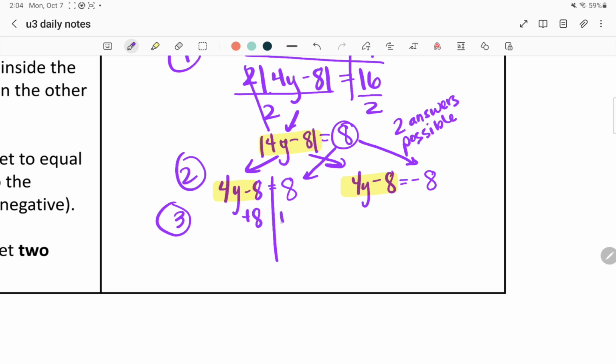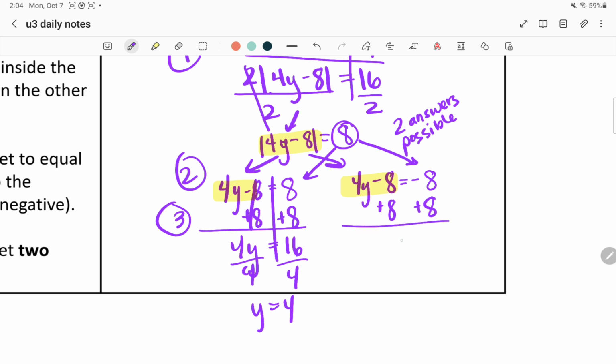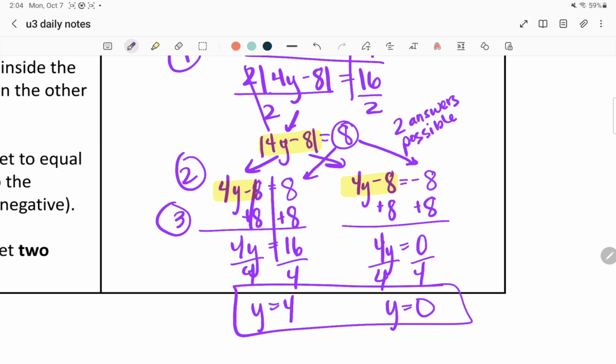So now it's our normal, we know and love 2-step equations. And I get y equals 4. And I also get, not dividing by y, I also get y equals 0. You don't get to just pick your favorite. Both answers go into Delta Math.